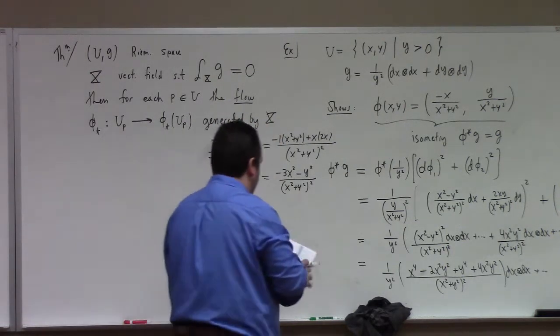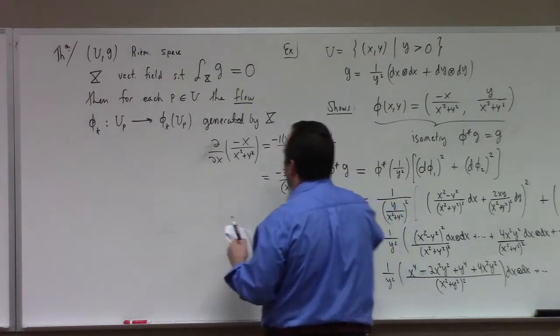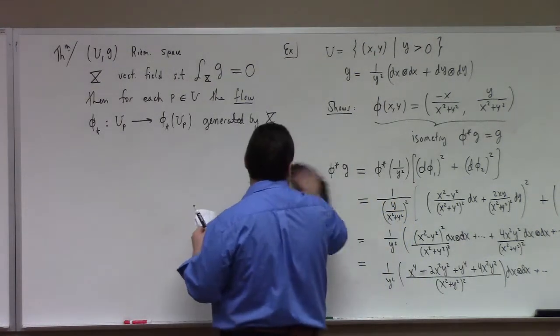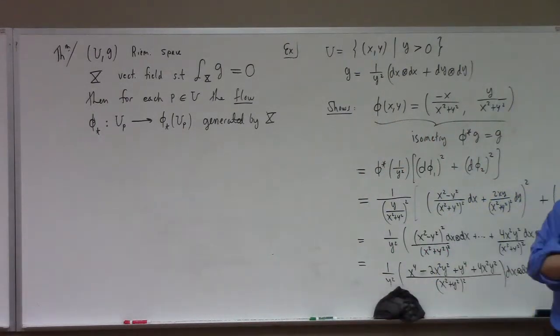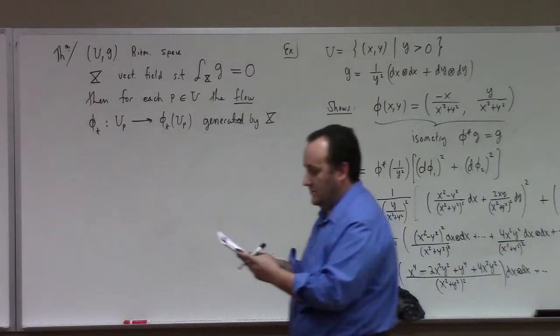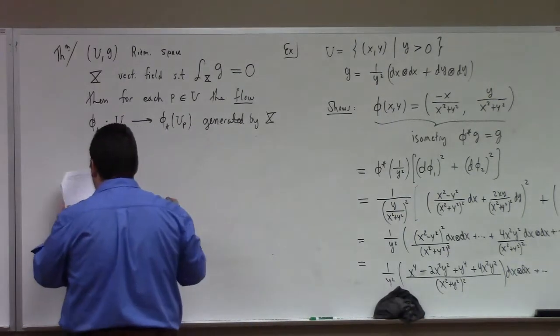Well, remember what we learned is that generically speaking, the flow generated by a smooth vector field is a local diffeomorphism. It won't give you a diffeomorphism of the whole space, but it'll give you a diffeomorphism from one little spot on your manifold to some nearby spot, right? So this is first, from what we already know, a diffeomorphism, but more than that, it's actually an isometry in the local sense.